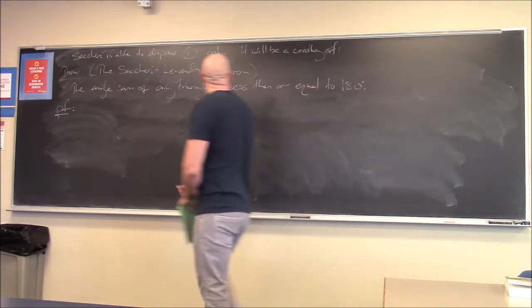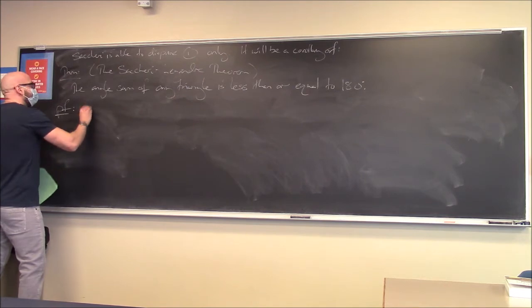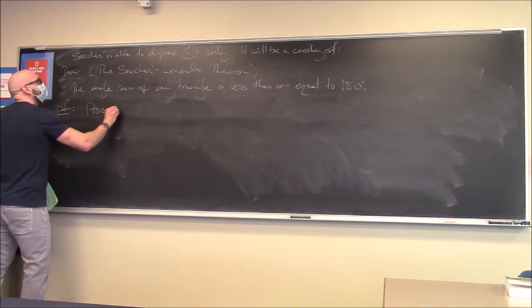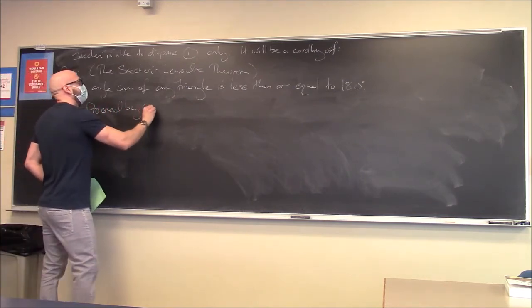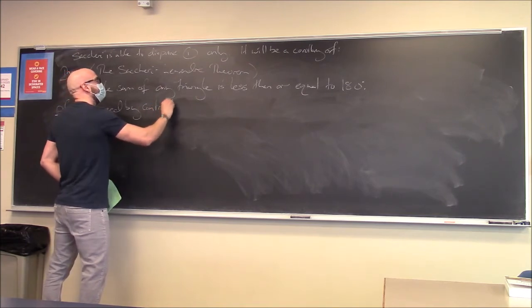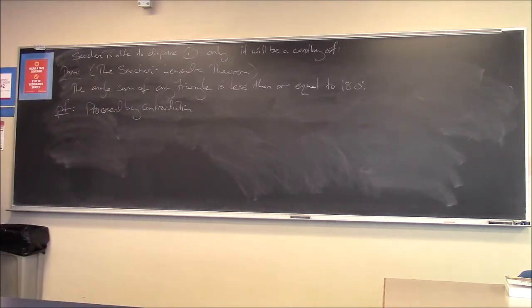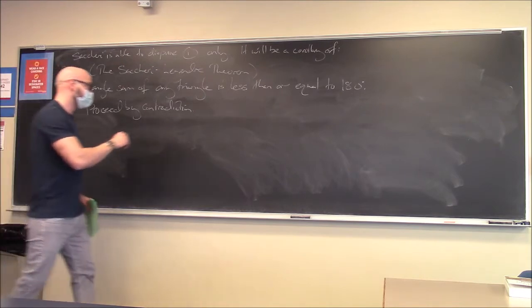So let's get going here. So we're going to proceed by contradiction. Suppose there exists a triangle with angle sum larger than 180. And I'm going to phrase that in a slightly different way.